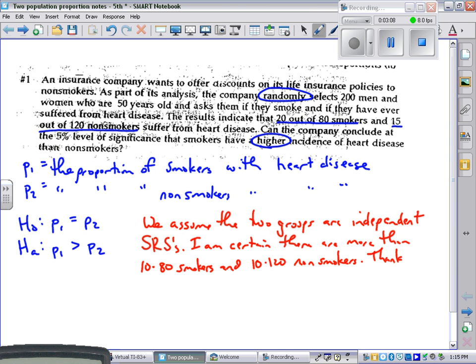Thankfully, there are more than 5 successes and failures in each group.